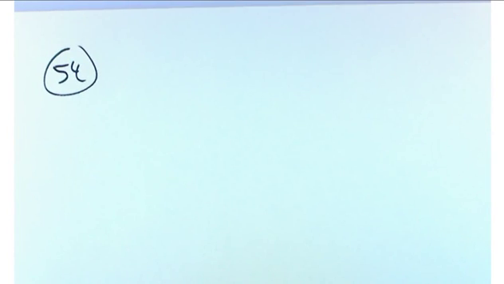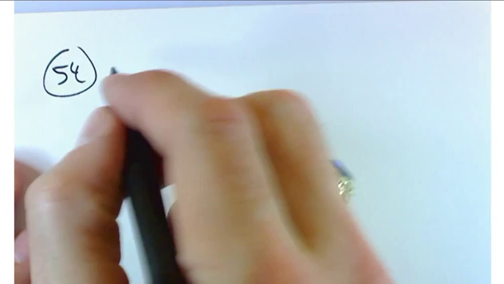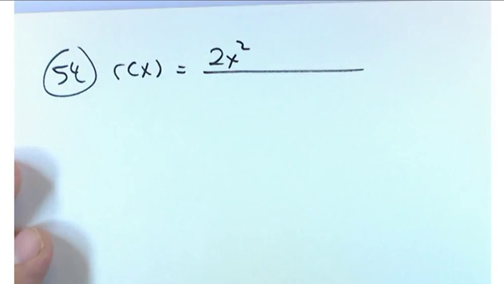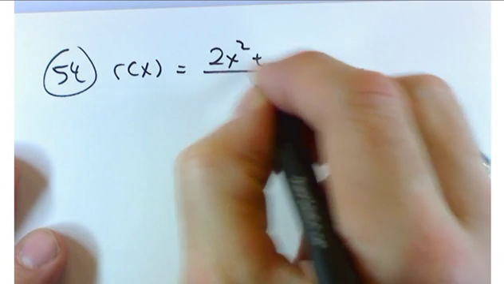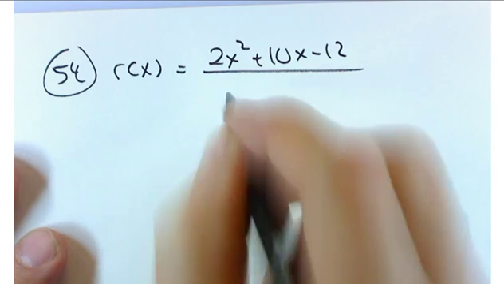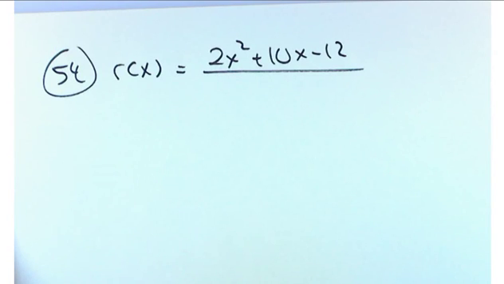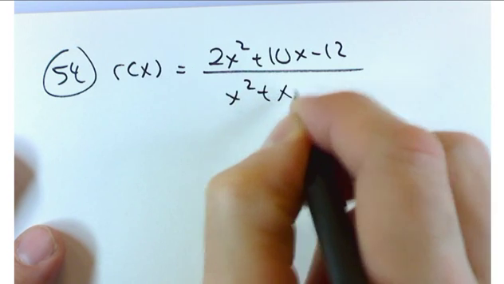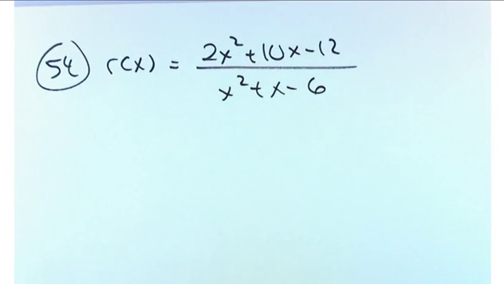So r of x equals 2x squared plus 10x minus 12 divided by x squared plus x minus 6. There's a lot of information we can find from this graph.